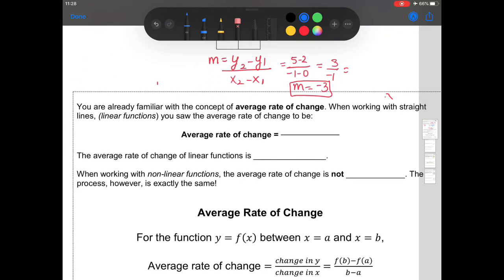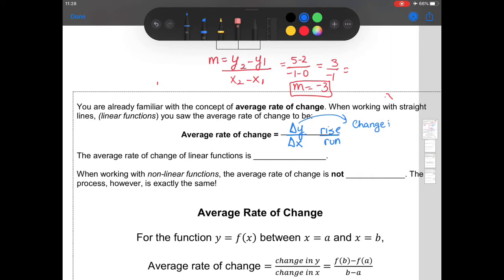Now you're already familiar with the concept of average rate of change. When working with straight lines, linear functions, you saw the average rate of change to be change in y over change in x. We also write it as delta y over delta x, which is basically rise over run. Let me rewrite this so you don't get confused.